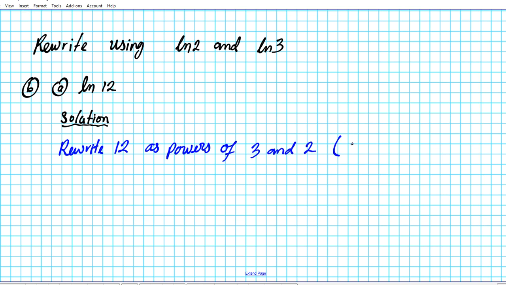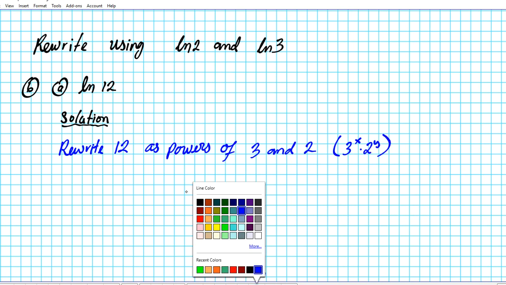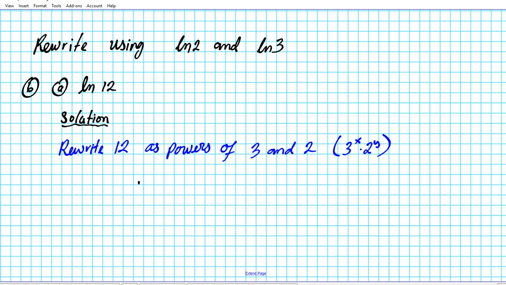Basically 3 raised to some power times 2 raised to some power. Okay, so that's the goal. We want to write it as 3 raised to some power, let's say x, times 2 raised to some power y. To accomplish that, we'll have to decompose 12 completely. So let's go ahead and do that.